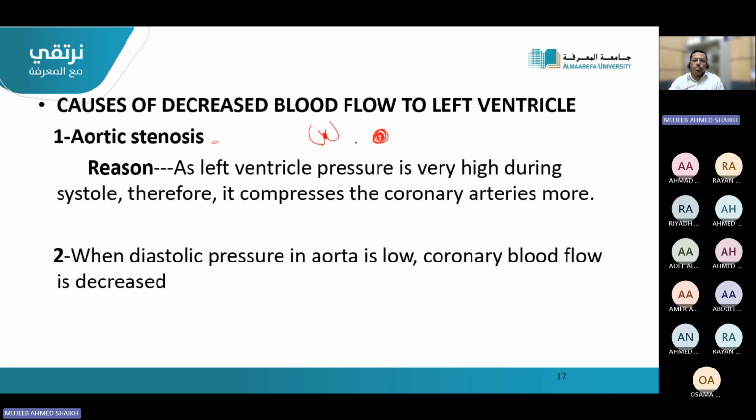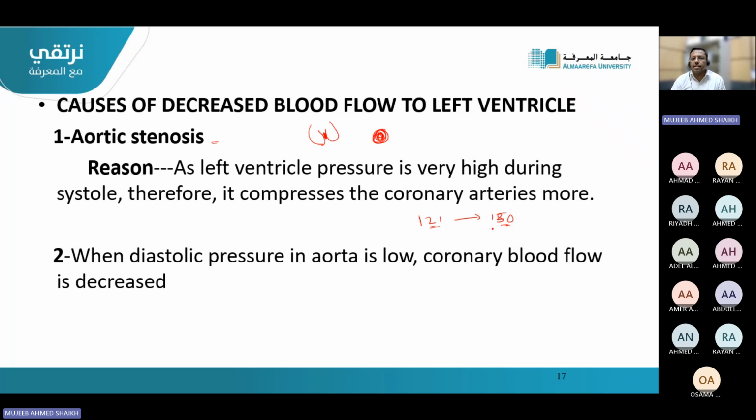If it is not opening properly, what will happen to the left ventricular pressure? Because it is the one which is trying to open it, it will push forcefully. It will have more systolic pressure. We have seen 121. It may go up to 150 or 170 because of that reason.